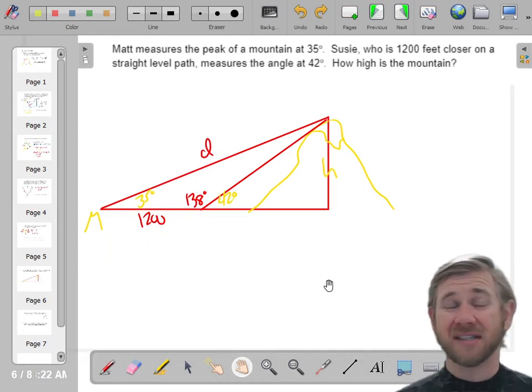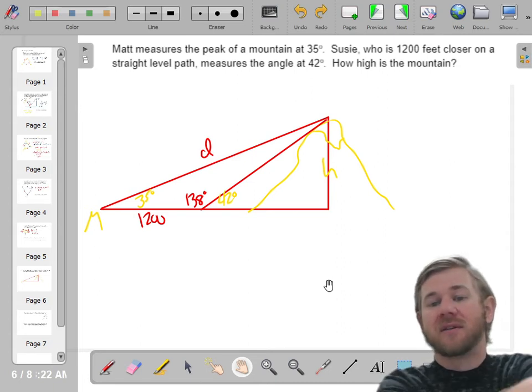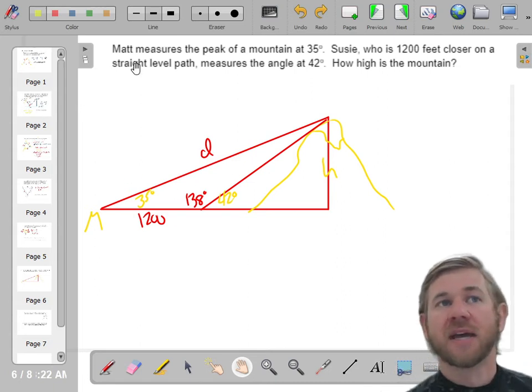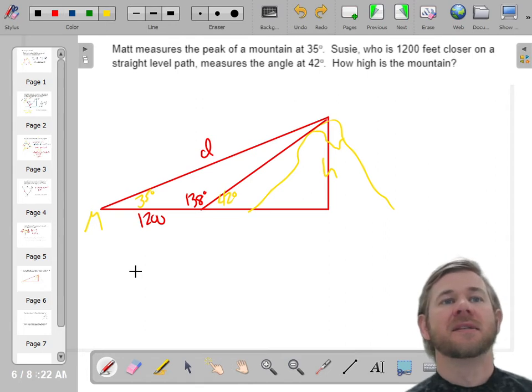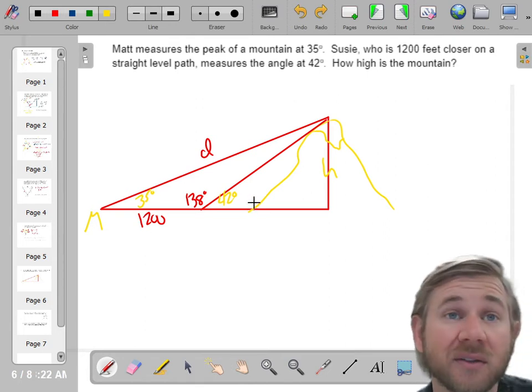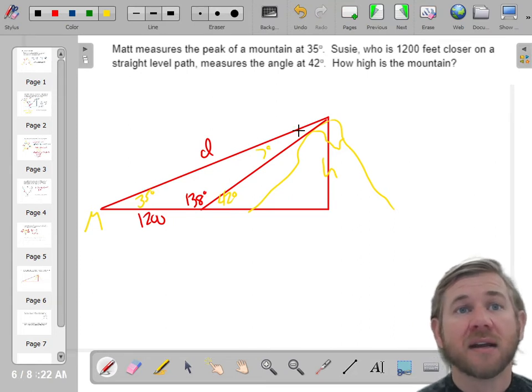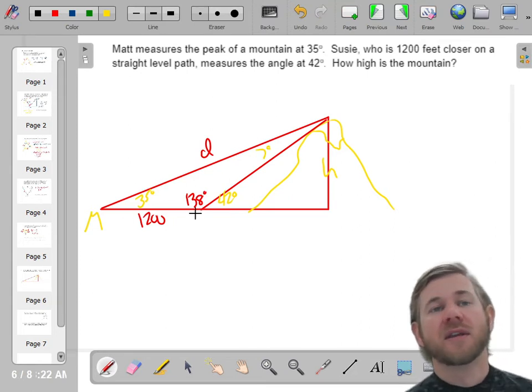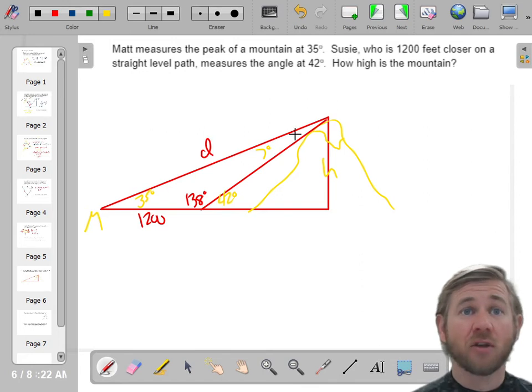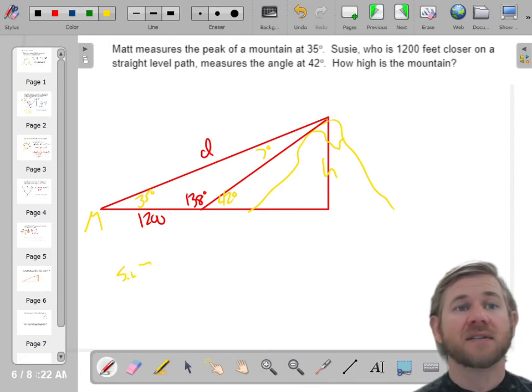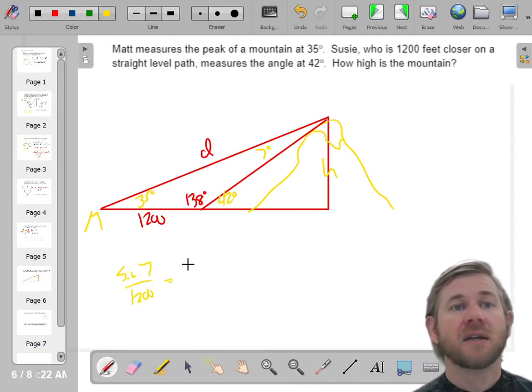I don't need to do the system of equations that we did because now we have the law of sines and cosines. So angle, side, angle, I'm going to use law of sines. I need my angle, side pair. This has to be 7 degrees because these add up. This is 42 and 138. So now I got all three angles. I can say the sine of 7 over 1,200 is the sine of 138 over my distance.